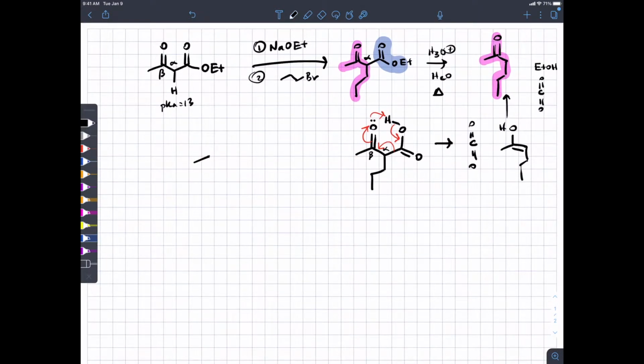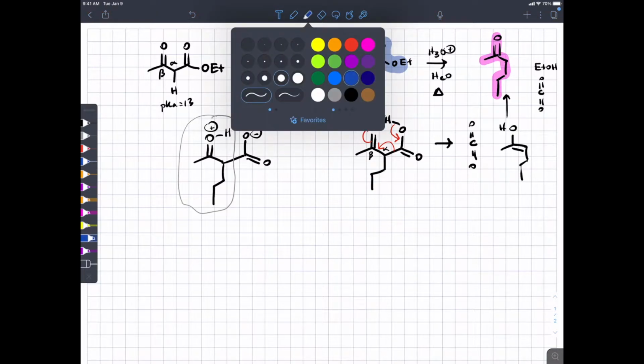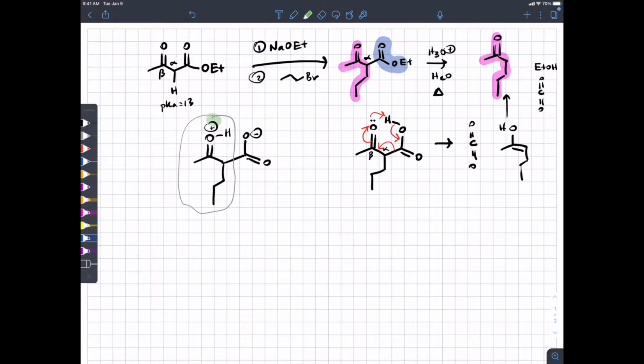But the reason we can do a decarboxylation step, if we were going to think about this happening stepwise, is basically the idea that this group here is a decent leaving group because the negative charge that's going to end up on the alpha carbon when it leaves is stabilized by resonance.